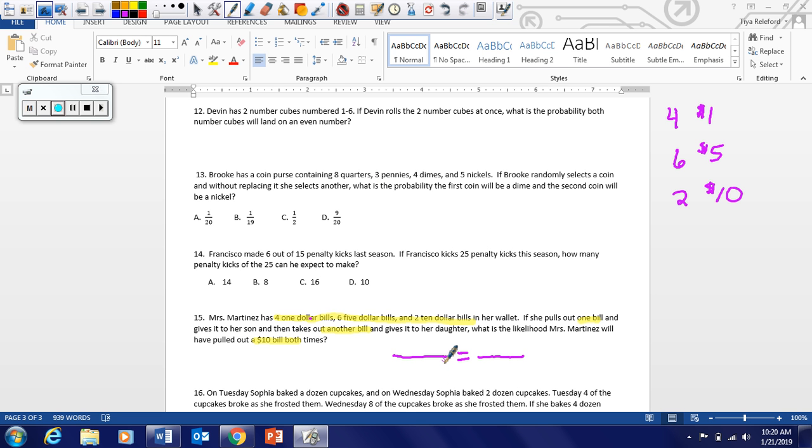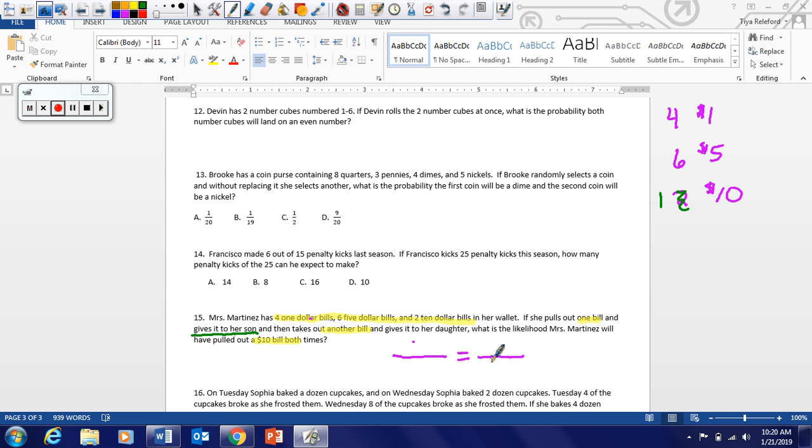So the first time, what's the probability she's going to get a $10 bill? 2 out of 12, right? Now, does she put that $10 bill back? She doesn't. She gives it to her son. And this is the part where you have to read carefully and picture it in your mind. She takes money out, she gives it away, so now this is 1.